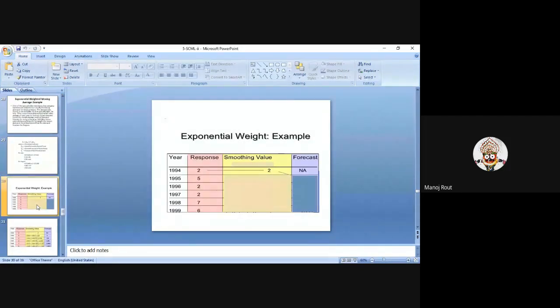Here a number of years and responses are given. You have to calculate the exponential weighted moving average by using the above formula. Here the condition is given, F1 is equal to D1, and there are no forecast values given in case of the year 1994. Just calculate by using the above formula.